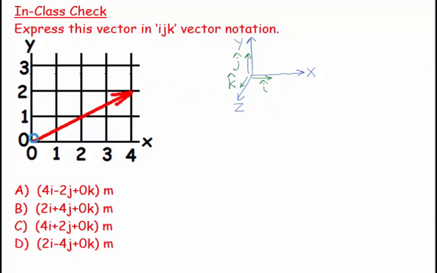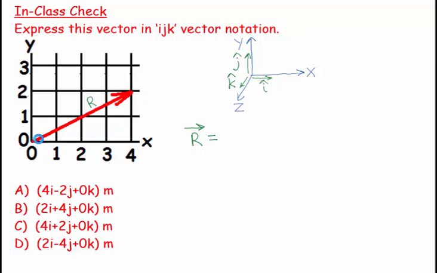So let's look at a simple example where I've shown a vector. This happens to be in the xy plane, so there's no z component here. And we'd like to write this down in IJK components. Let's call it vector r. So I could say, vector r is equal to, and all I do is ask, what is its x component?